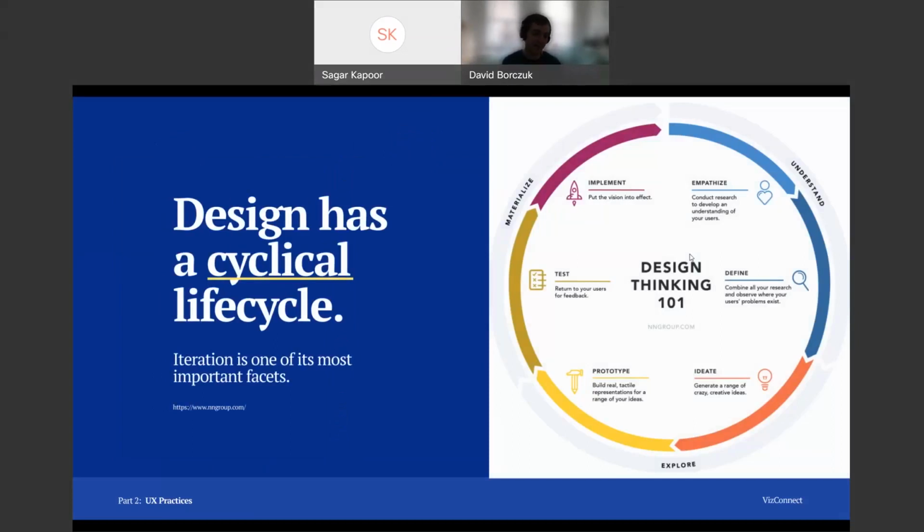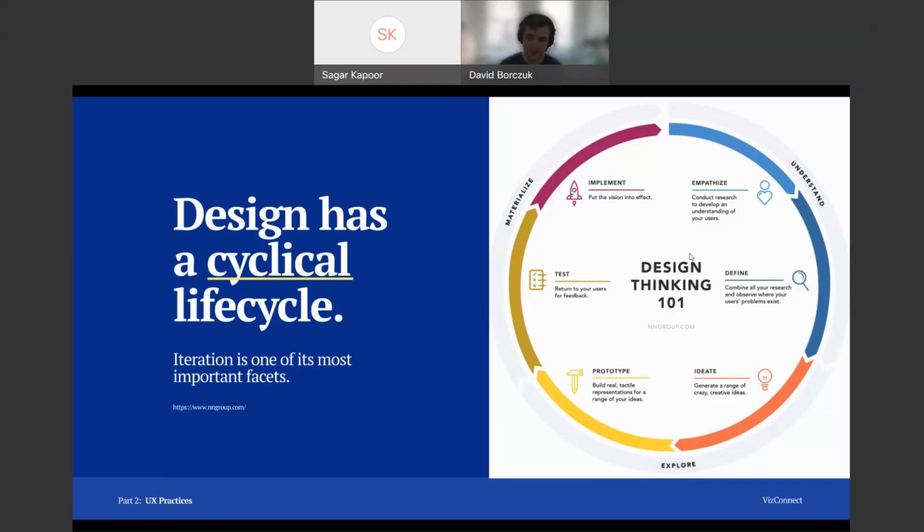And so design thinking is a cyclical lifestyle, and iteration is really important. Again, this is from the Norman Nielsen group. Most of my information from this presentation is from that website if you're interested in looking at it in more detail. But it starts with empathizing with your end users and then working towards defining your research, and then once you have all of those steps together, you start ideating and brainstorming, you prototype your design, you test your design, and you finally implement.